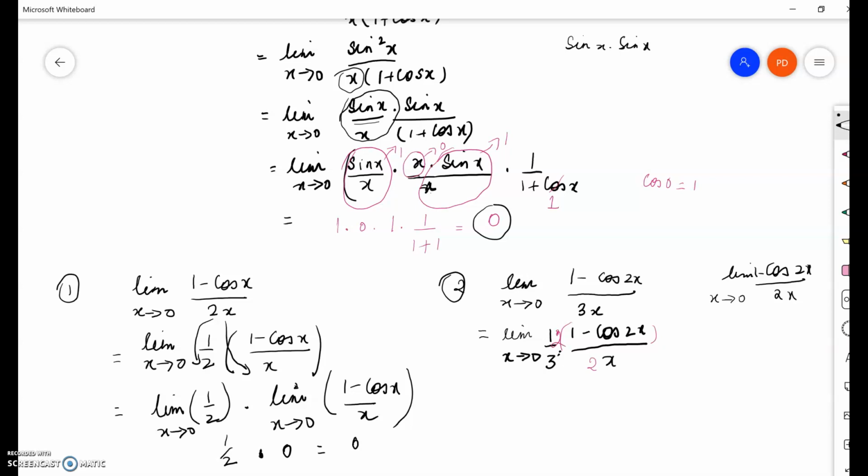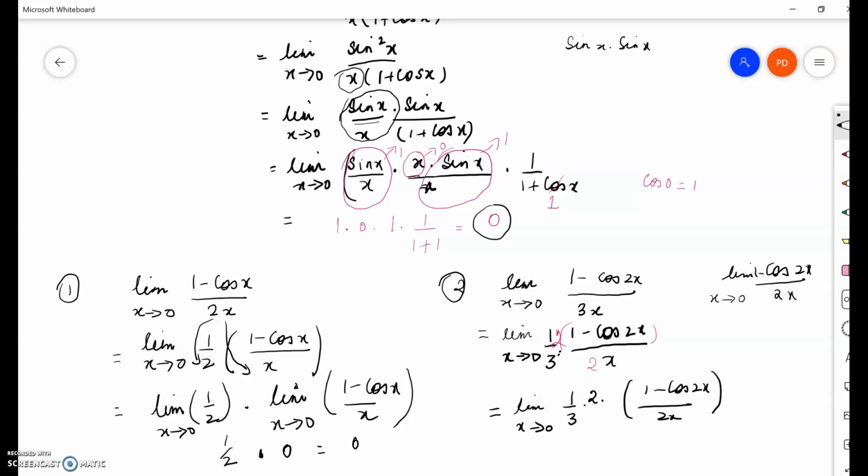So now we have limit as x approaches 0, 1/3. Remember that 1/3 remains as 1/3 times 2 times 1 minus cosine of 2x over 2x.